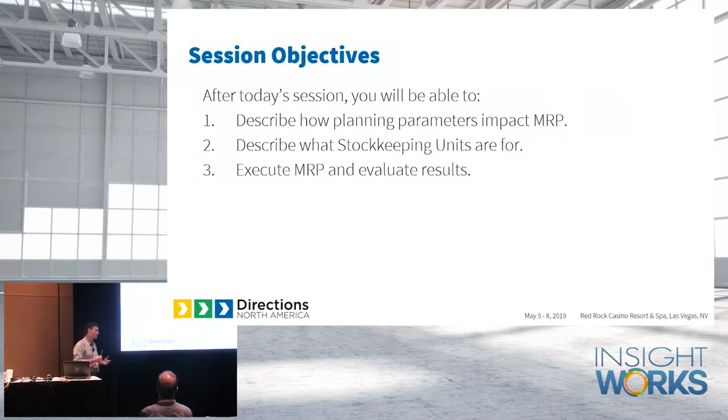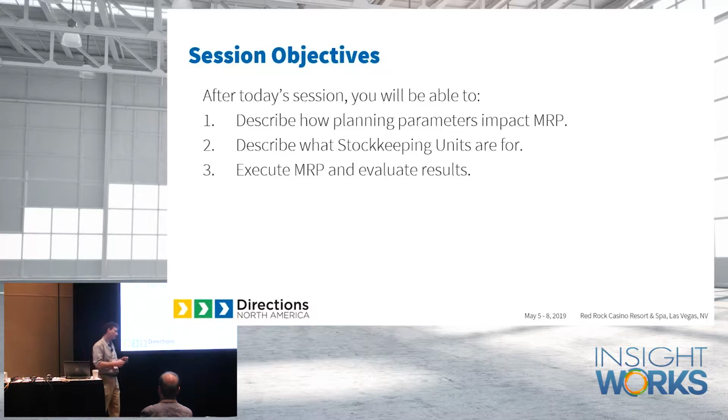Okay, good. So what we're going to try and do today is, I'm telling you, this is going to be awesome. We're going to look at like 300 check boxes and figure out how they work. It'll be cool. So we're going to talk about the planning parameters and how they impact MRP. We'll try and keep it a little bit high level, but really if you have any questions about how this works, ask.